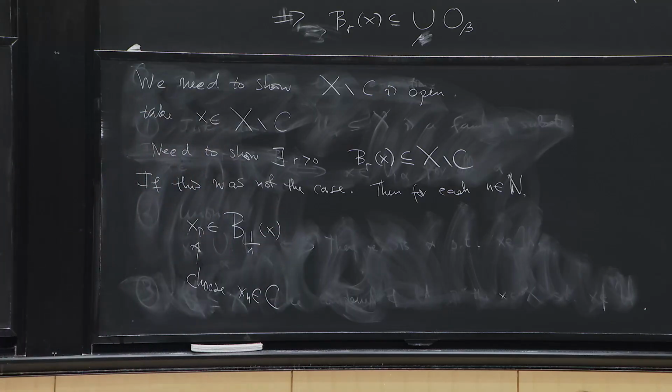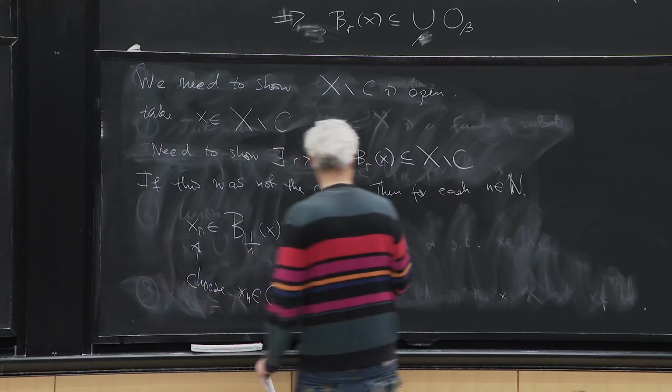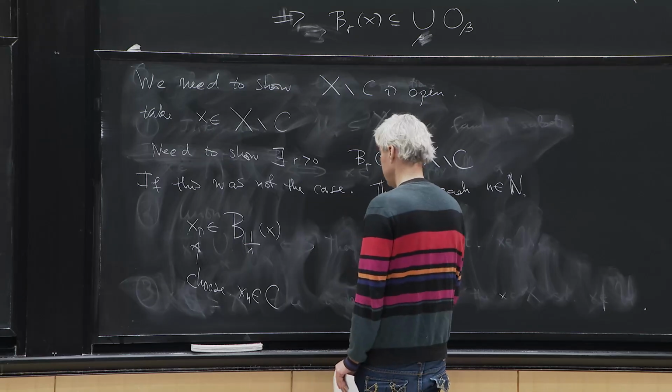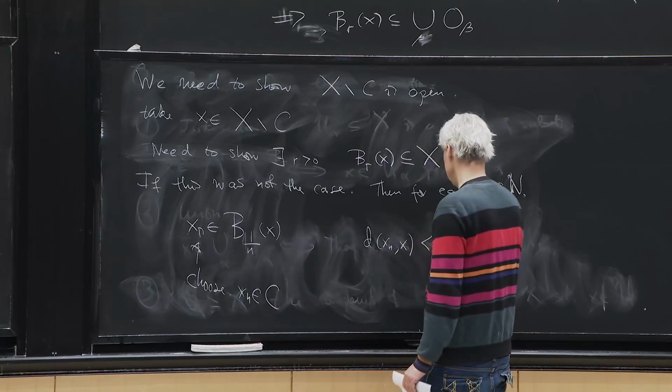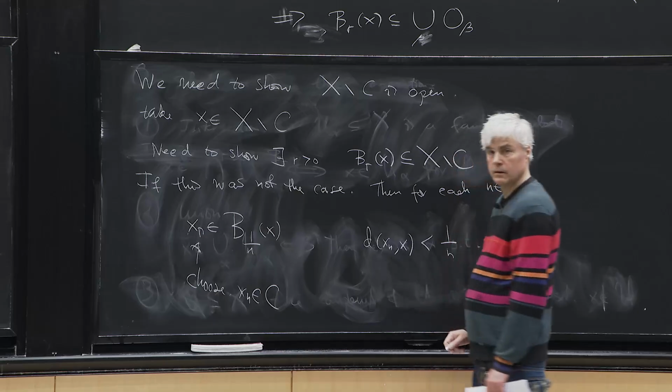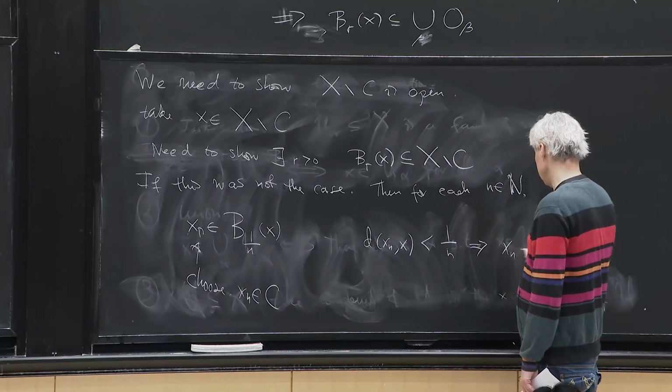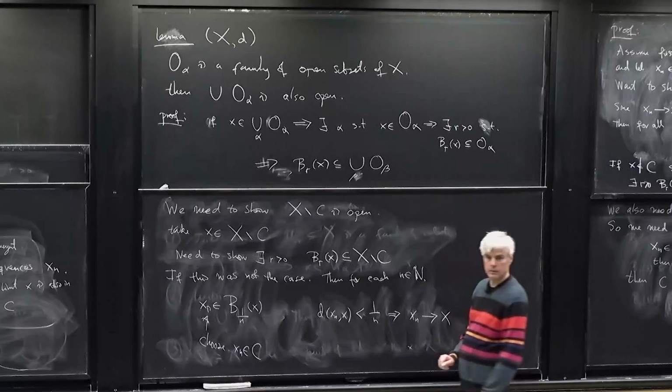Right? But now, of course, the distance from xn to x is strictly less than 1 over n. So this implies that xn converges to x, right?